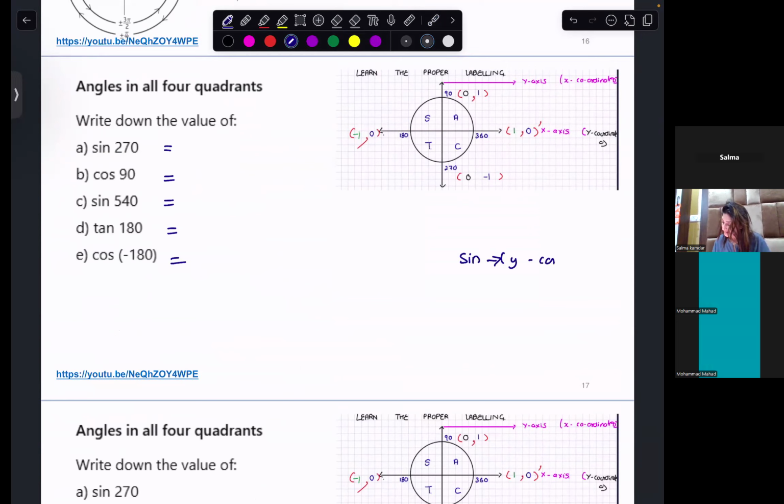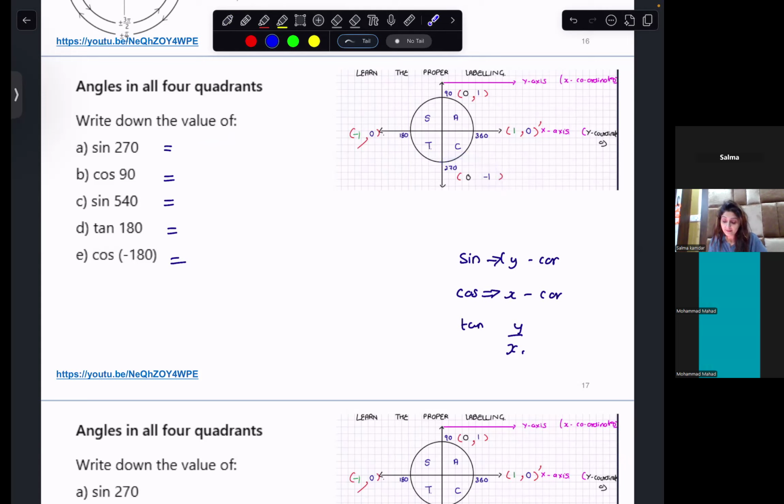Cos would always be the x coordinate. Tan would be y by x. Sine is the y coordinate, so sine 270 is equal to minus 1. Which coordinate do you want to look at? The y coordinate. It's minus 1.